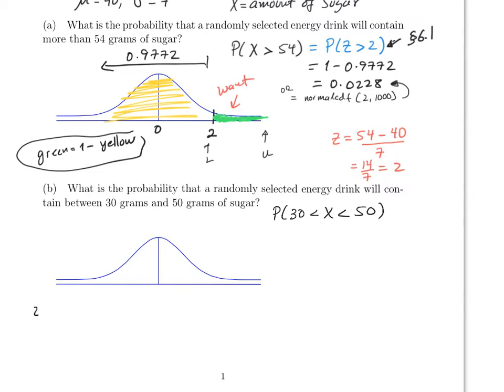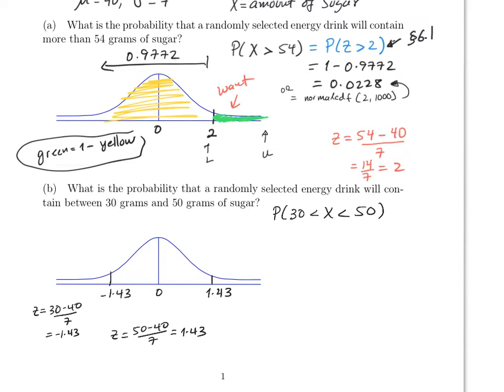So for 30, z will be 30 minus 40 over 7, which is negative 1.43. And for 50, this will be 50 minus 40 over 7, which is 1.43. Luckily the number is the same twice, so you only have to worry about one by symmetry.